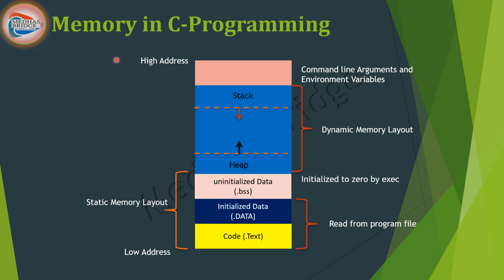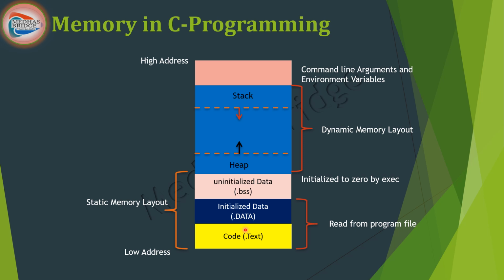Memory organization which we use in C programming. Let me recall what we discussed in the very first session of C programming. Go back and look at it if you would like to see the details. But the reason for showing it here is that we have different memory segments, and each segment is used for a different purpose.